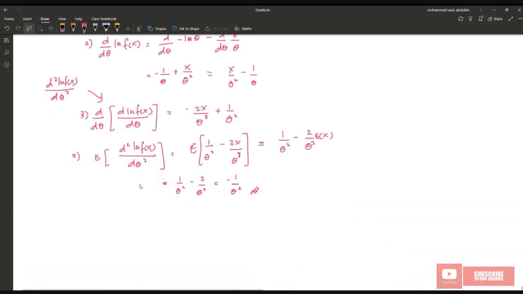So step number 5. We're going to take 1 over negative n times the expected value of the second derivative of ln f(x) with respect to theta.